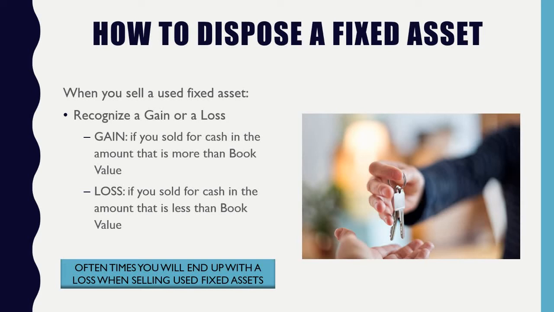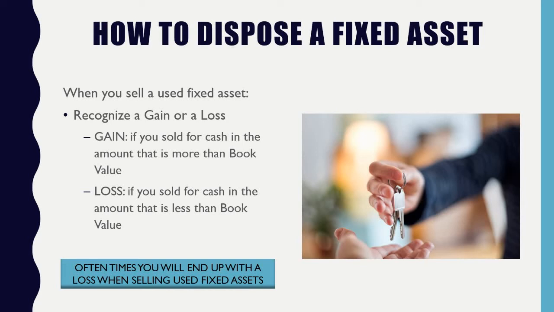But if you're reselling it to someone else, you can figure out what that gain is, okay? So this is very important why we need to have our depreciation tables, because we are constantly calculating our book value, either at the end of the year or at the end of the month. So we are constantly determining what the value of my fixed asset should be on my end, right? And we call that book value.